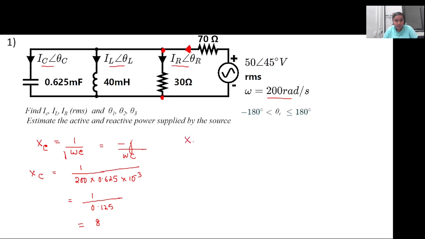So let's calculate XL. XL is j omega L, right? So omega into L, it is again 200. L is 40 millihenry. So this is 8000 into 10 to the power minus 3, or 8.